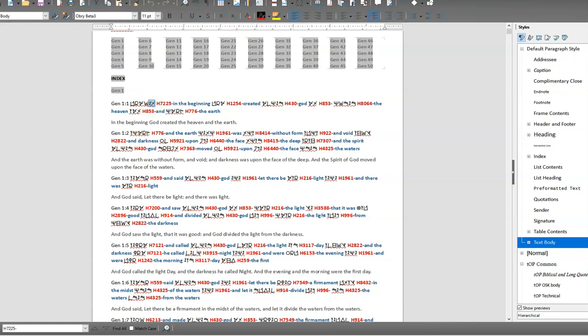Now, the general consensus is that the YT acts as a diminutive, which is interesting that we should see the form of this word Rash with this YT if it's a diminutive, because instantly when I look at this whole word Bereshit, I don't see in the beginning. At best, if we want to believe the Masora and we want to be consistent, what I see at best is in a beginning.